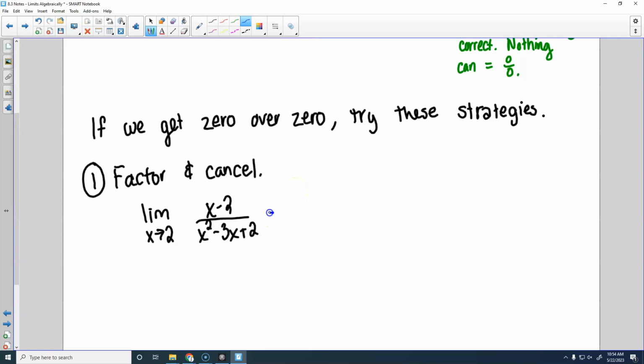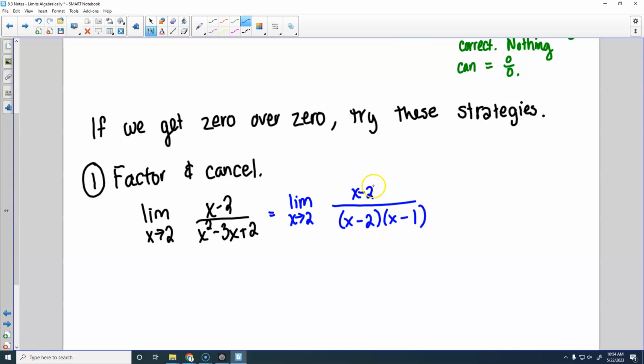So what we are going to do is factor the top and bottom here. Until you have plugged in the number, you cannot drop limit notation, so you want to keep the limit notation. You've got x minus 2 over x here, and then we would have a minus 2 right here and a minus 1.